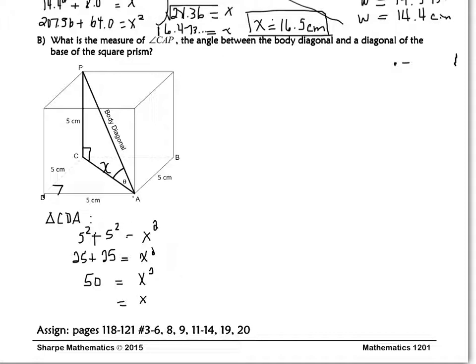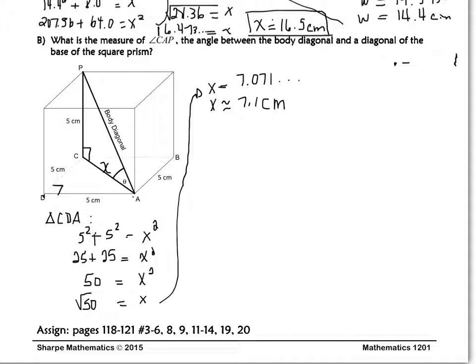And x would be the square root of 50, which would mean that x would equal 7.071, so on. So that rounds off to be about 7.1 centimeters.